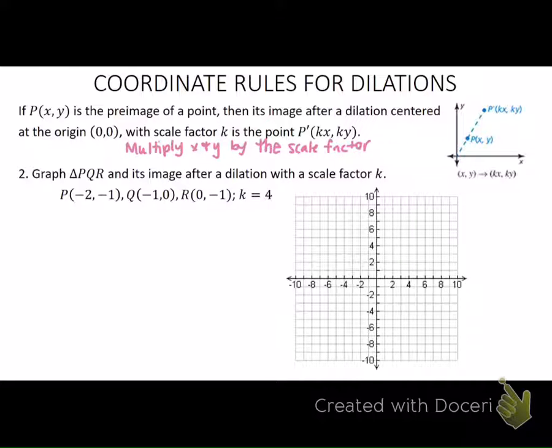So you'll see here that this is the pre-image, and then they multiplied it by the scale factor for an enlargement here, and that gave you the image. So the pre-image changes to the image.